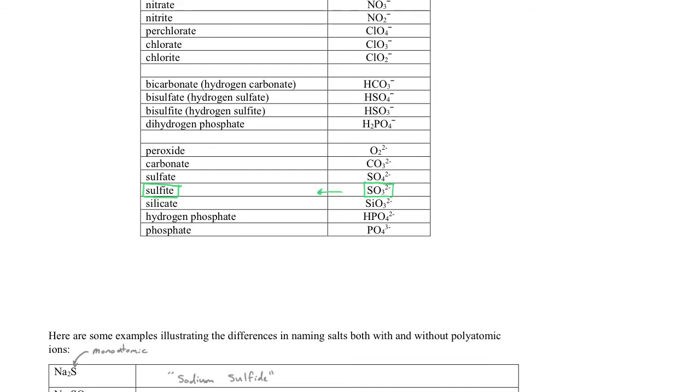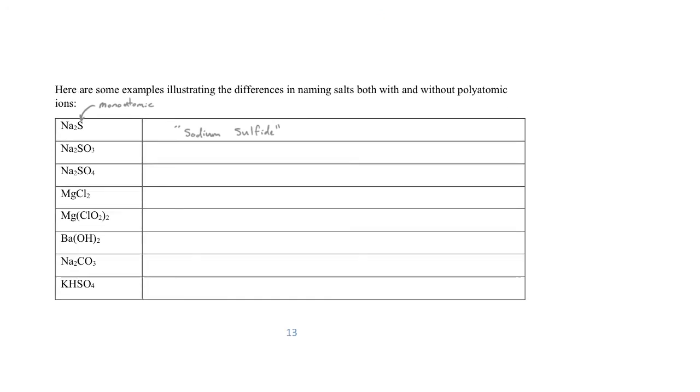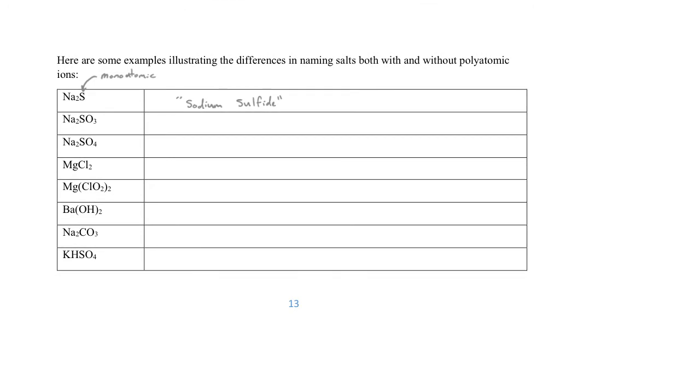So what we need to do is go back to our name here and start writing down all of this information. Our metal is sodium, and our polyatomic ion is called sulfite. So this substance is called sodium sulfite. So let's look at this next example. It looks very similar. We have a polyatomic ion here, but it's a different combination of elements.